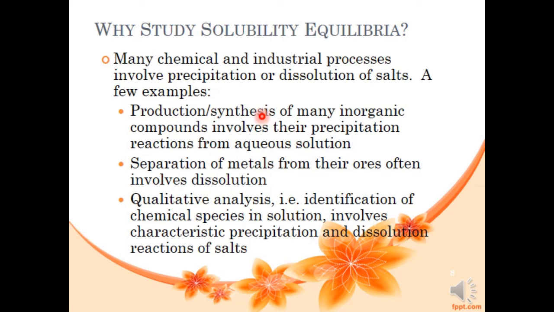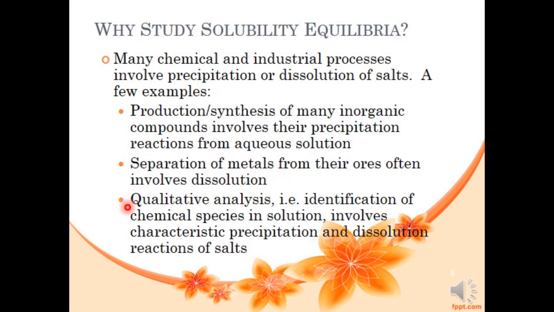Based on the mixing of aqueous solutions, the reaction quotient must be more than the KSP value. And then how to separate metal from their ores. This will involve solutions. Again, we play around with the solubility equilibria, whether we want the equilibrium to shift to the right or to the left.